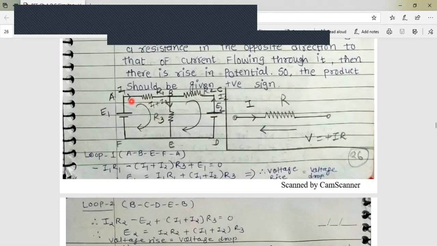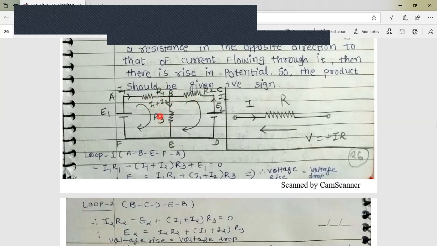We have taken the current I1 entering this R1 resistance, and I2 is coming towards this node B. According to KCL, the current is I1 plus I2, because I1 is entering and I2 is entering. So this current is given by I1 plus I2, which is flowing through the R3 resistor.